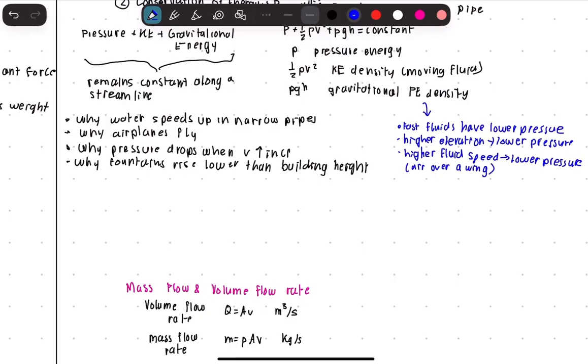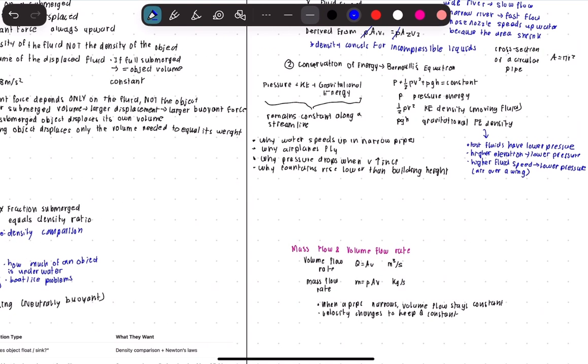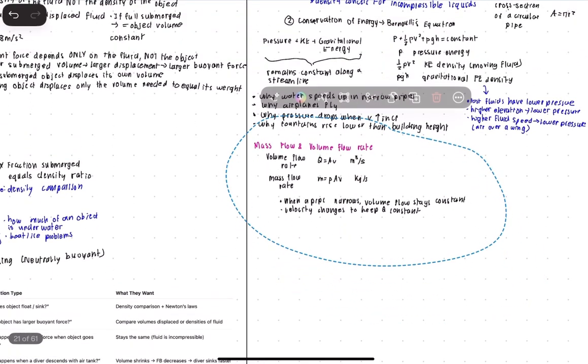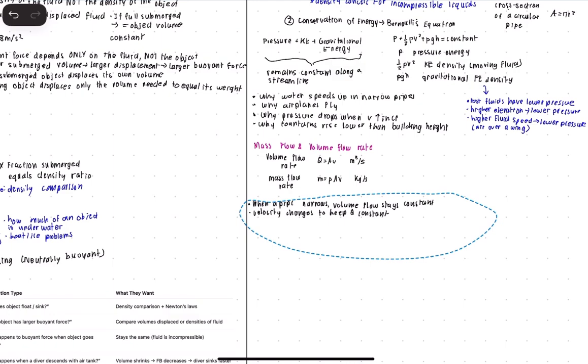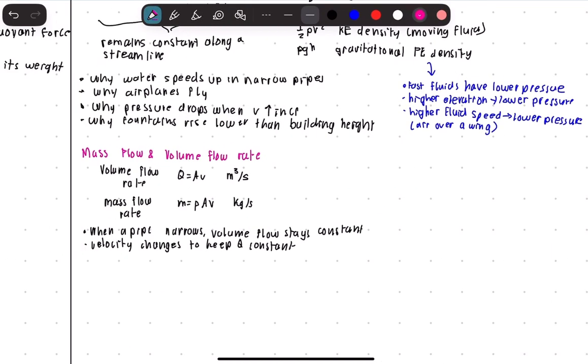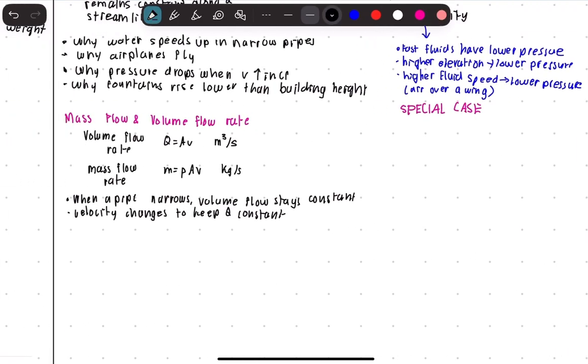So let's talk about the special cases for Bernoulli's equation that you have to know about. Some of the special cases include horizontal flow, which means they're at the same height.